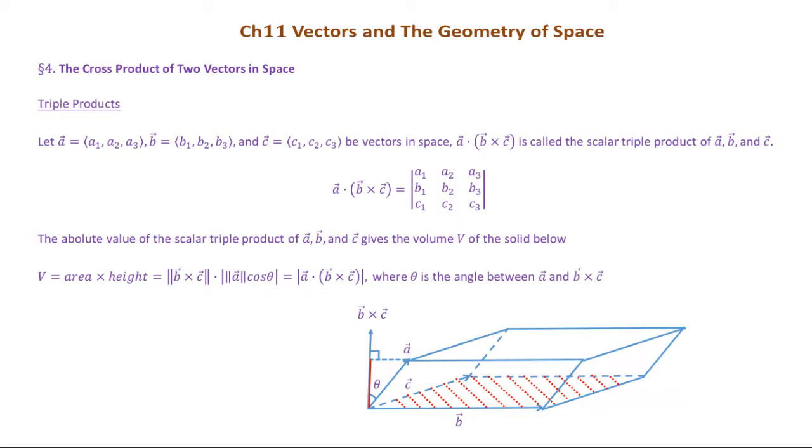And then we form the triple product A dot B cross C. And if you use matrix to represent the cross product between B and C, and then you take the dot product of A with that, it turns out you're going to get a determinant of a matrix A1, A2, A3, B1, B2, B3, C1, C2, C3, and that will give you a scalar.